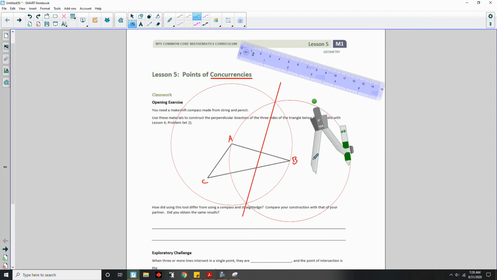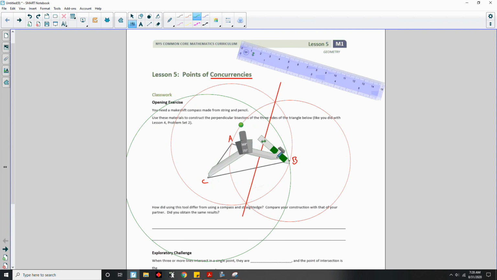Okay, so I'm going to bring my compass, and I'm going to put the point at C. Holding my breath as I do it. Okay, so then I open it up. Now I want to draw a circle centered at C, radius CB, which is right here.